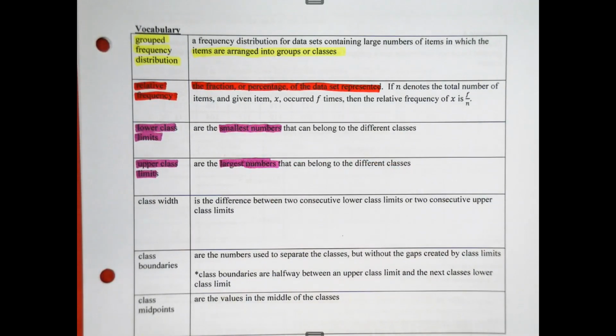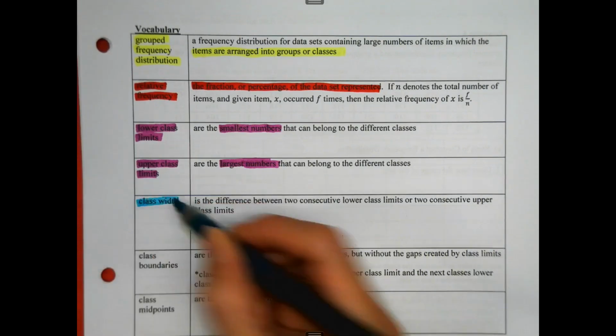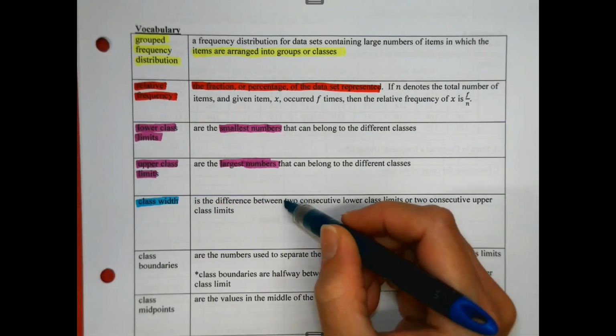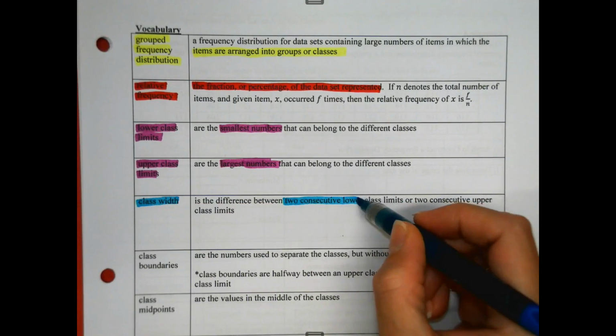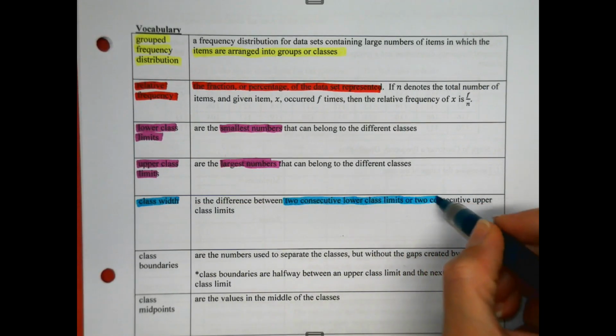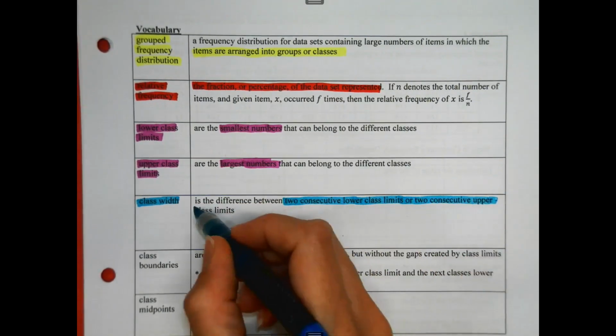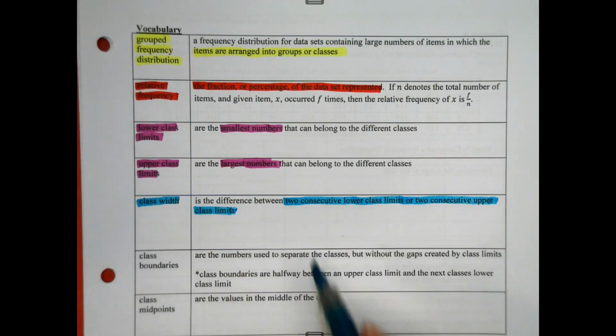And this will make sense when we actually go through and create a grouped frequency distribution. Class width. The class width is the difference between two consecutive lower class limits or two consecutive upper class limits. So notice it is lower class limit to lower class limit, or upper class limit to upper class limit.